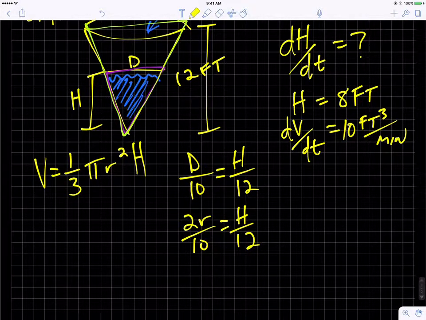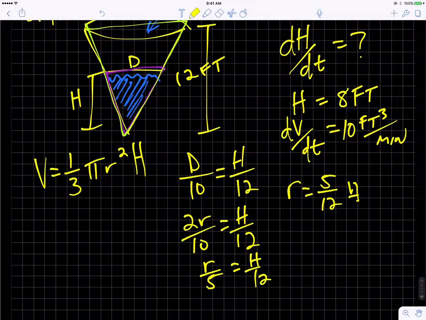And then I'm going to solve for r. First I'll reduce that. R over 5 is h over 12. I'll multiply by 5 on both sides and get radius is 5/12 the height. So then I will substitute in this for my radius.